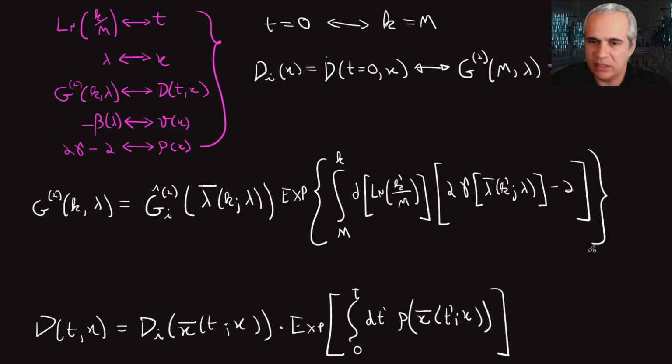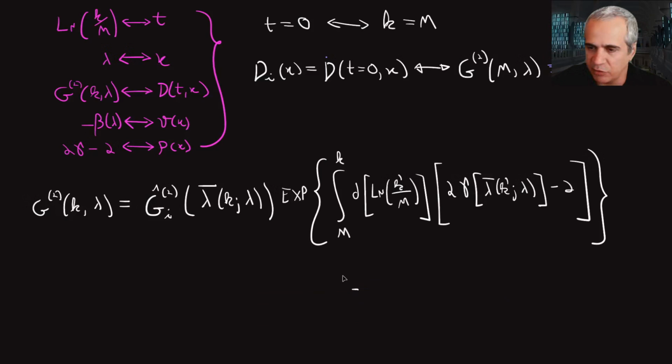Yeah, so that's the translation of this solution, and it's supposed to be already an explicit solution to the Callan-Symanzik equation. Of course, I have to also write an equation for lambda bar, which I'll do in a moment.